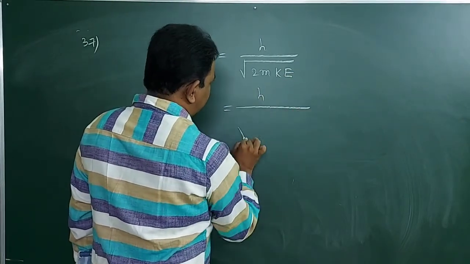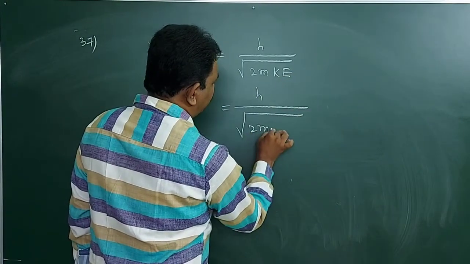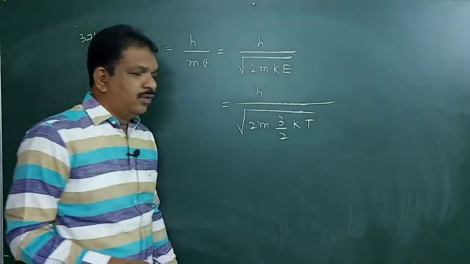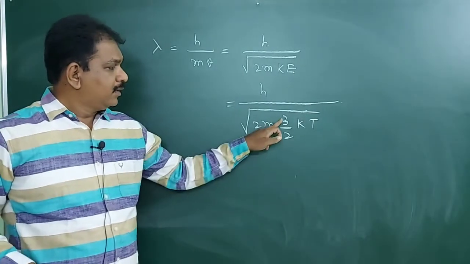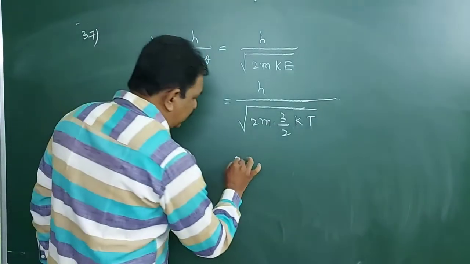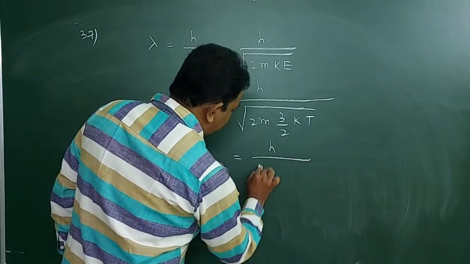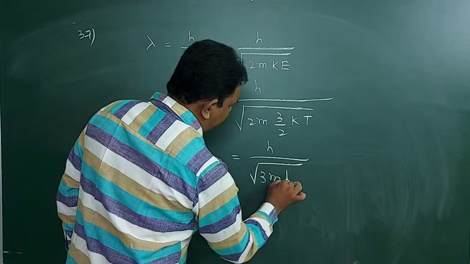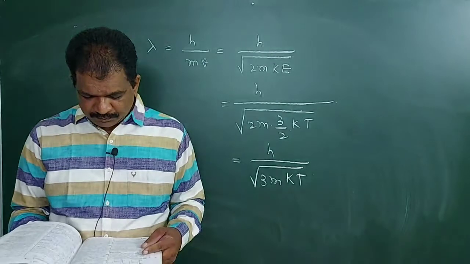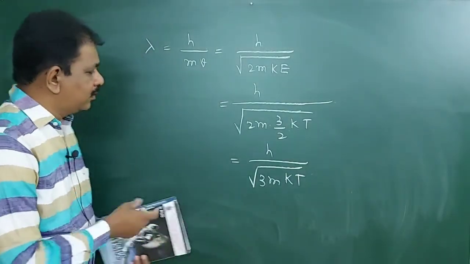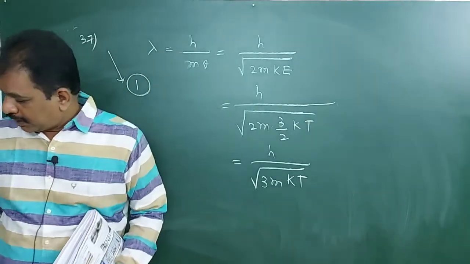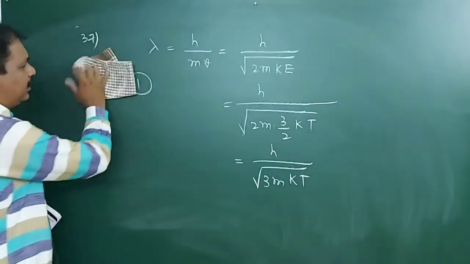So h by square root of 2m into the KE value, which in terms of the Boltzmann constant is 3 by 2 kT. 2 will cancel, then h by square root of 3m kT. This is the formula for it. So 37, it will be the first option. Next, 38.